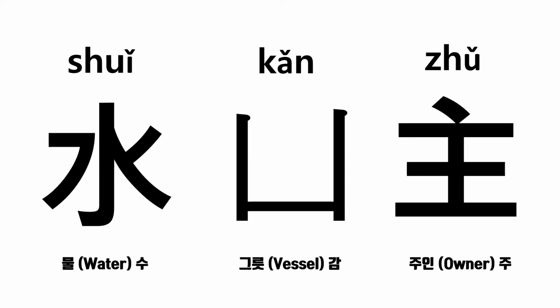Three characters meaning water, this character, meaning vessel, this one, and meaning owner, this one, all have the same tone number 3. Shui, shui, kan, zu.